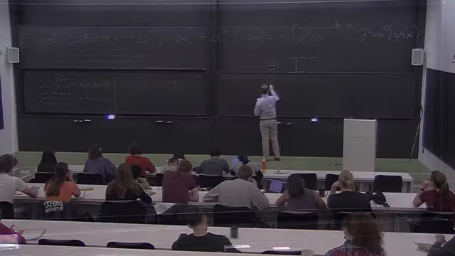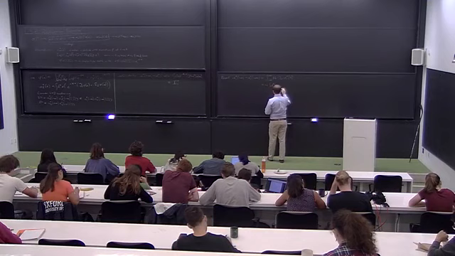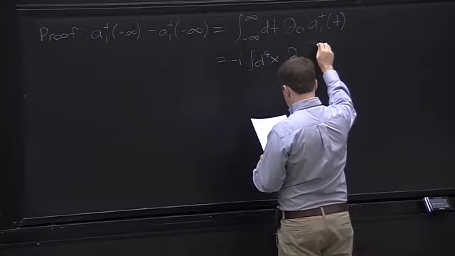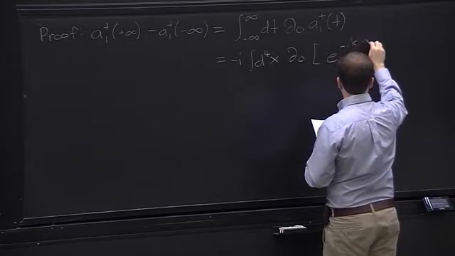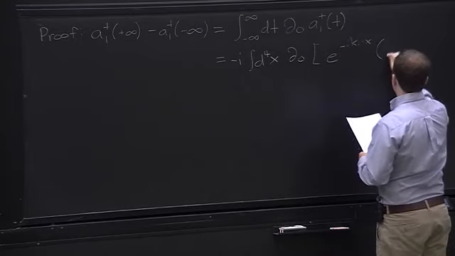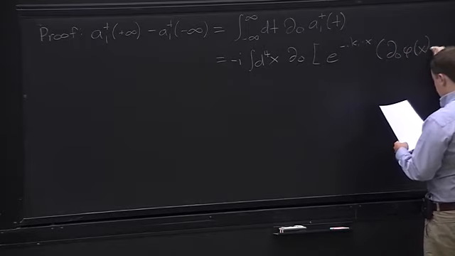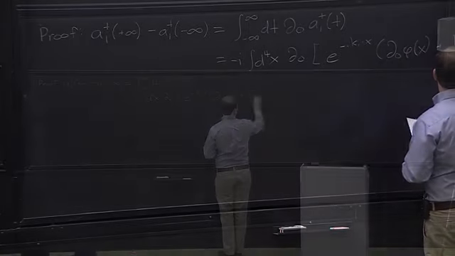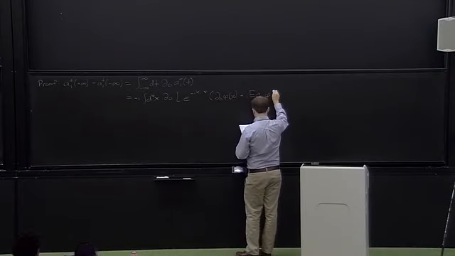So we can combine those to be an integral over space-time. And then we've got the derivative of e to the minus i k1 x, derivative of phi, i E_k1 phi.